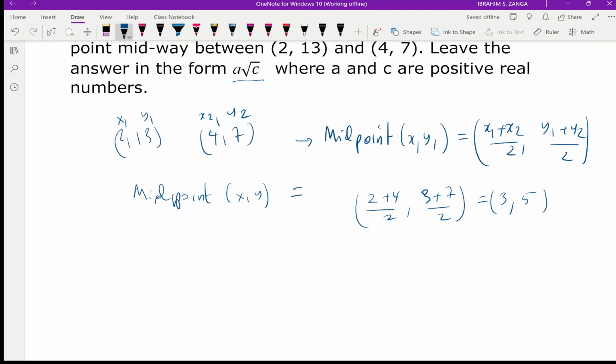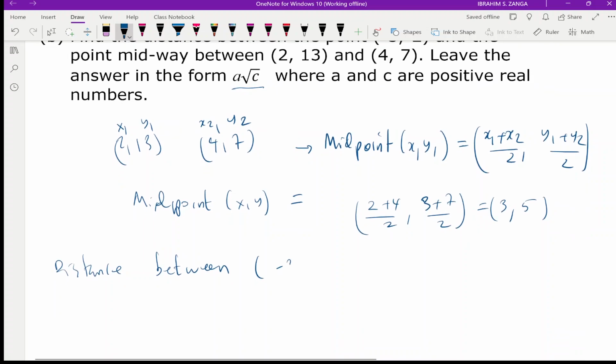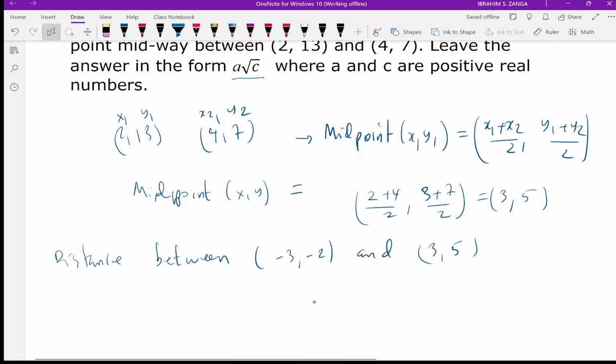So now we have to find the distance between negative 3, negative 2 and 3, 5.